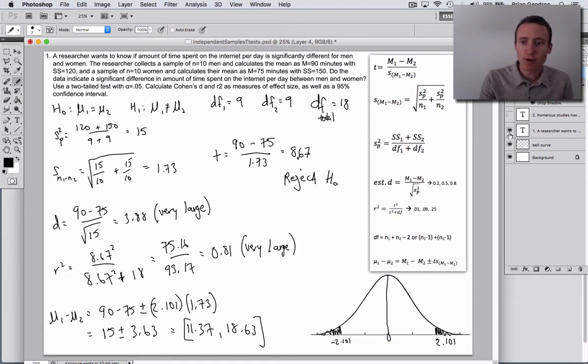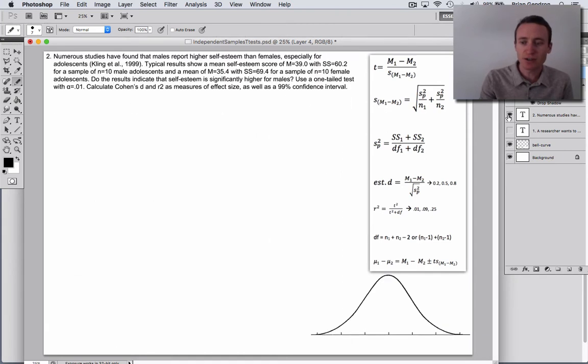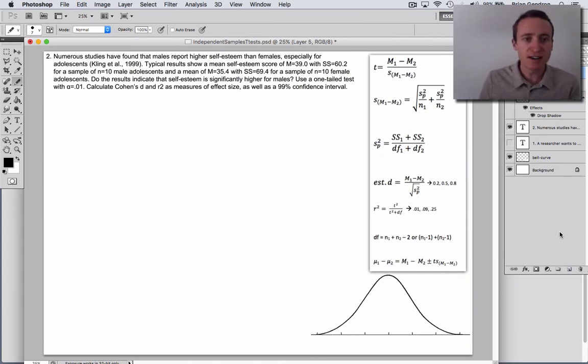Let's look at one more problem with a slight modification. And here we go. Numerous studies have found that males report higher self-esteem than females, especially for adolescents. And so that was determined by Kling and colleagues in 1999.